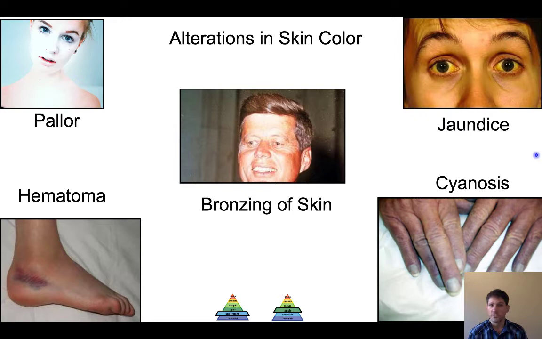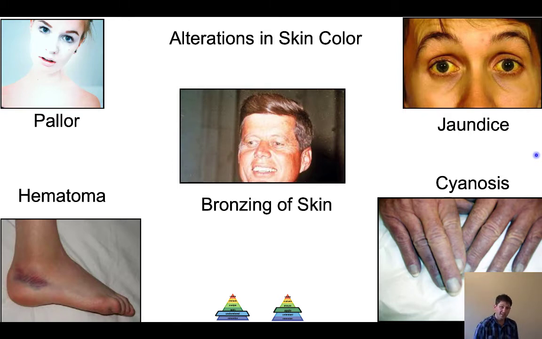On the bottom left, you can see a hematoma, or a bruise. This is when blood vessels, your capillaries, are damaged, and there's an accumulation of blood in the surrounding tissue. In the middle here, you can see bronzing, a metallic appearance that can be a result of different diseases or adrenal gland dysfunctions.